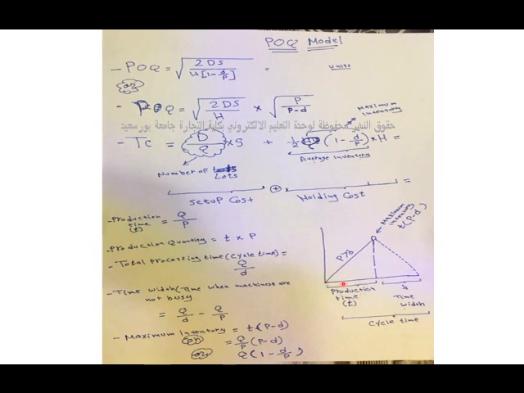This area we call the production time, or T. Production time T will be equal to Q over B. Here is the time when machines are not busy.